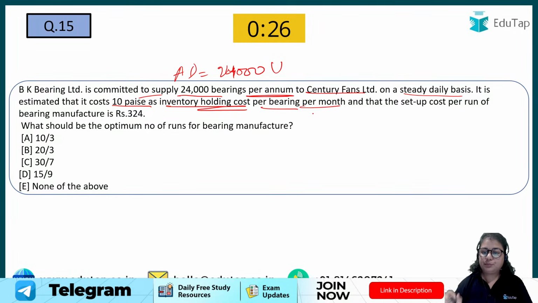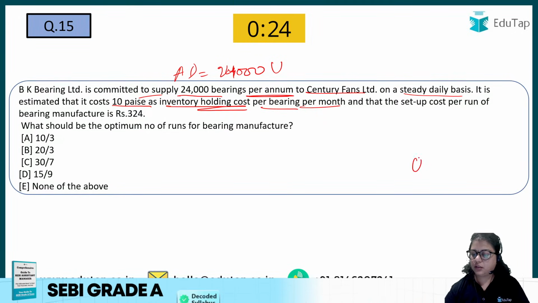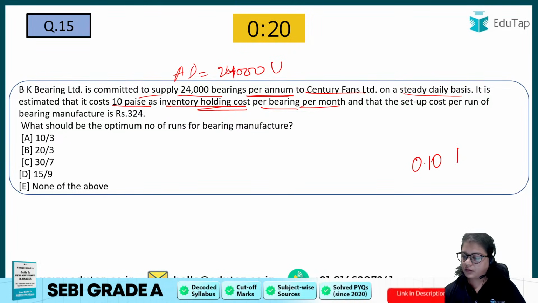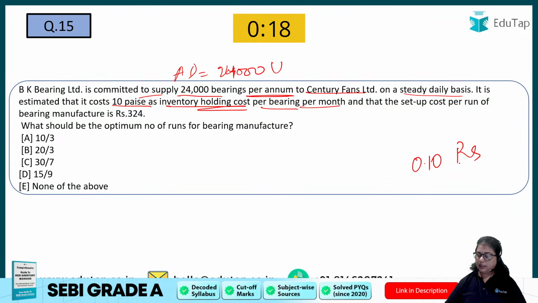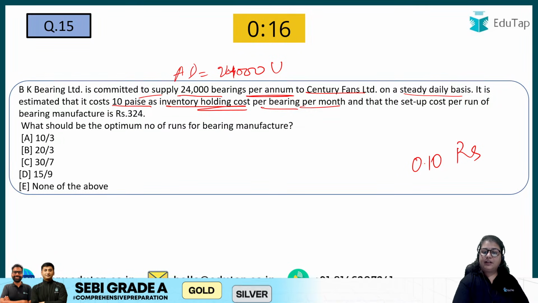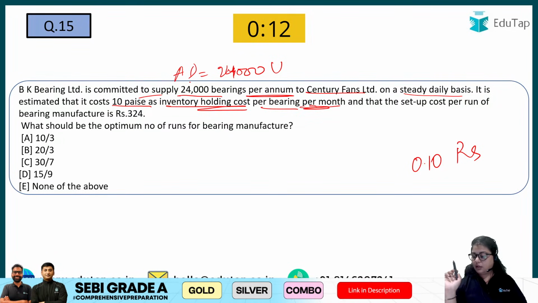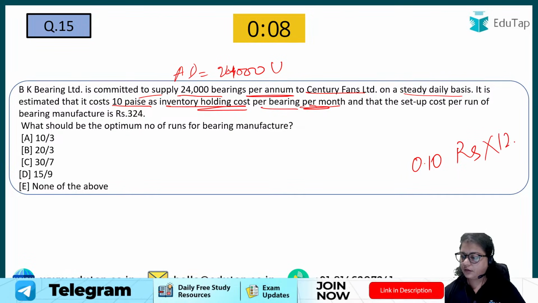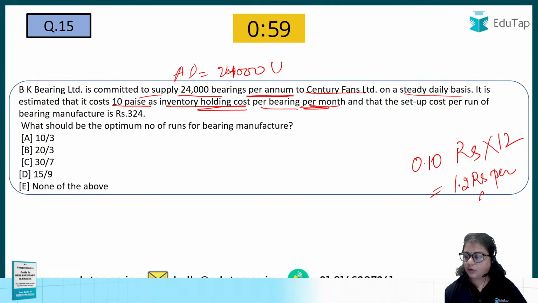So it is 0.10 rupees per month, but here the demand is given for a year, so multiply by 12 to find the holding cost per year. 0.10 into 12 is 1.2 rupees per annum.